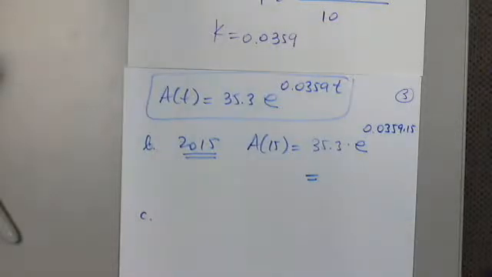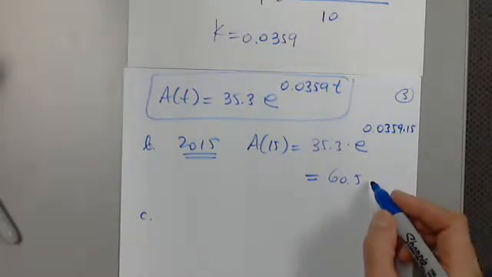So then we have 35.3 multiplied by e raised to 0.0359 multiplied by 15, close the parenthesis. I got 60.5. Measurement unit, please.